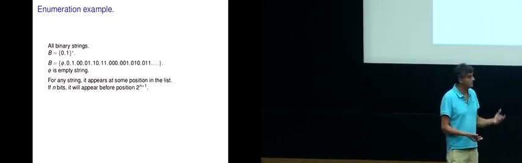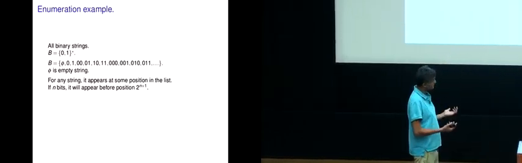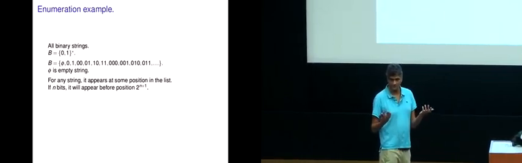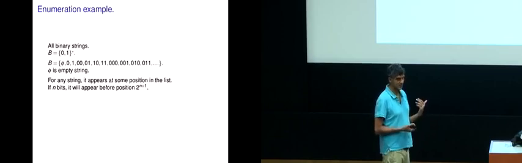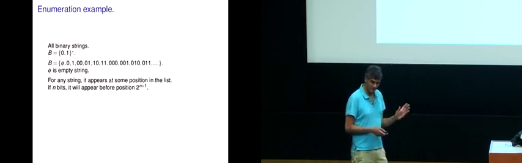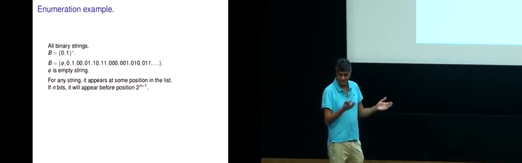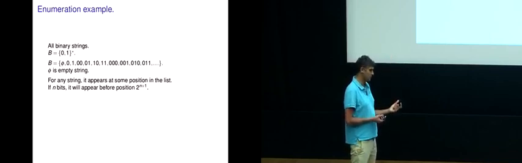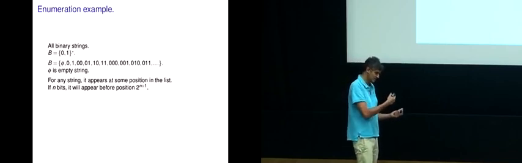Now I think about my procedure and say, this procedure will list it before position 2 to the 10 plus 1, because that's how many strings there are with fewer than 10 bits. So that's the argument. It becomes an argument instead of saying f of x is this, f of x is that. It's just: here's a procedure, and here's an argument that I will output every string. Every string will be output at a specific finite position.